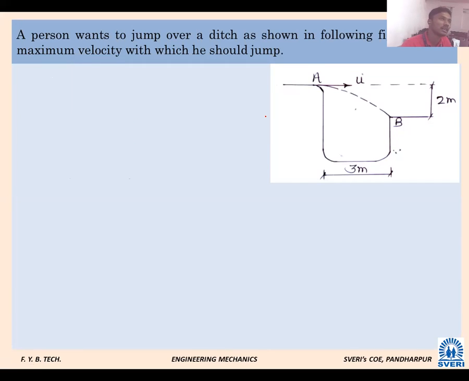Maximum म्हणल्यावर तो असे सगळे खड्डे पार करत जाऊ शकतो ना. I am doubtful about this word. Actually, it should be minimum. Minimum point. We will check. Because if he jumps with less than the minimum velocity, he will fall into this.